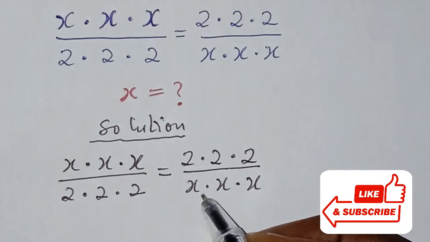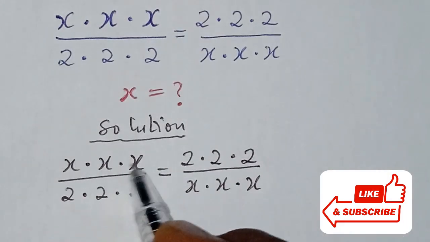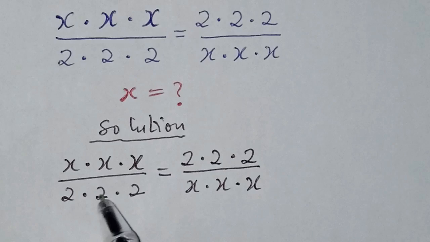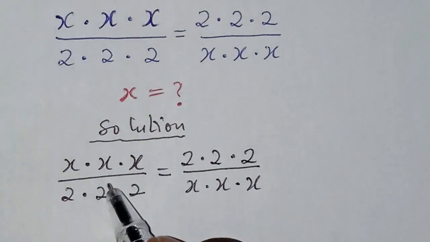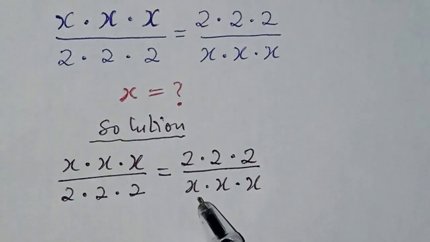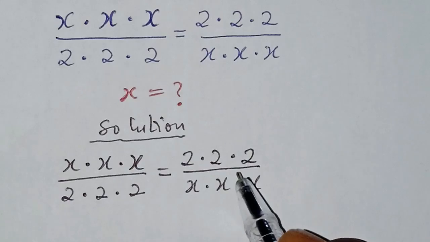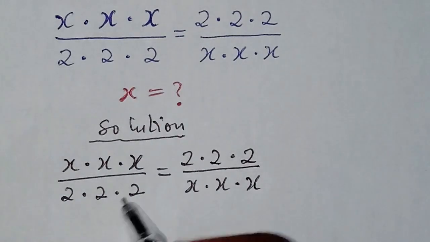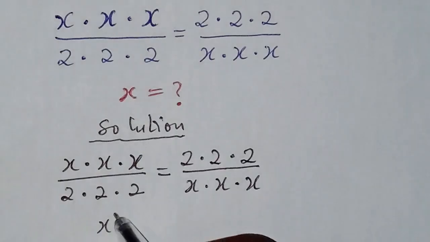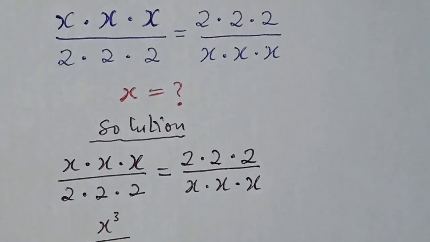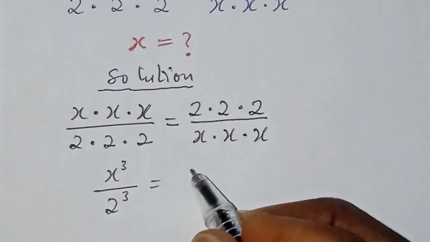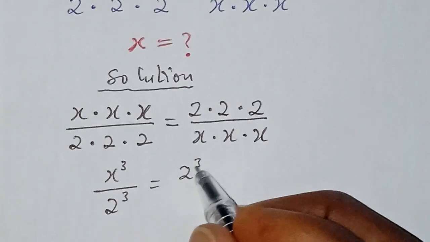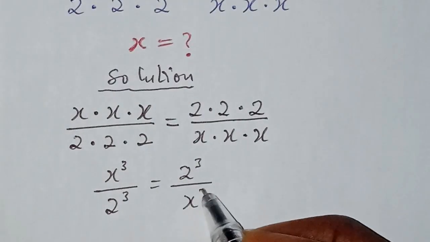We can multiply this all together for the numerator and denominator of both the left hand side and the right hand side. So we have this written as x cubed over 2 power 3 equal to 2 power 3 over x cubed.